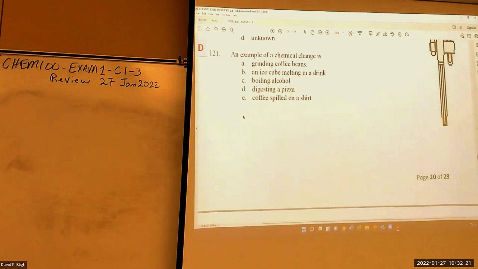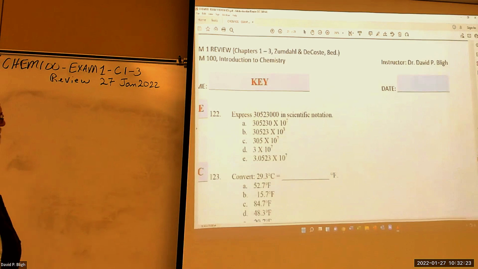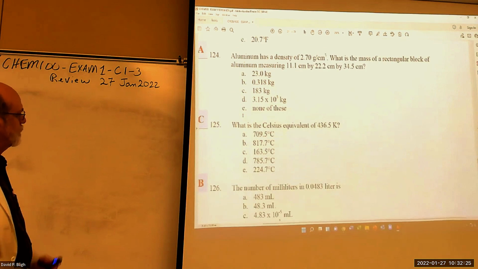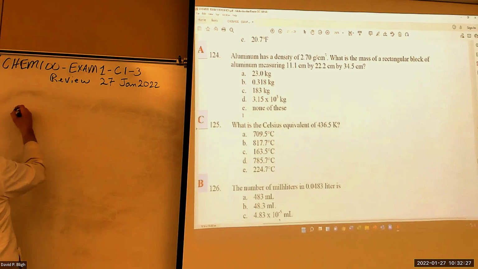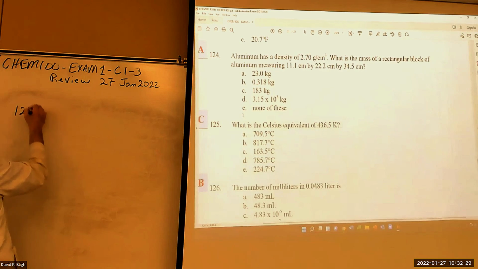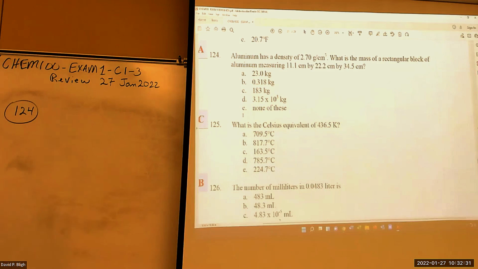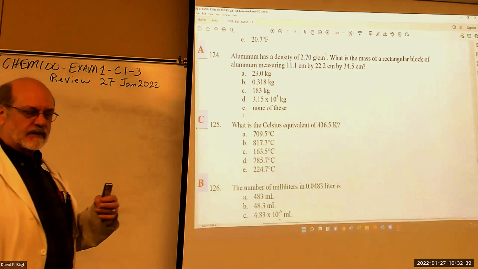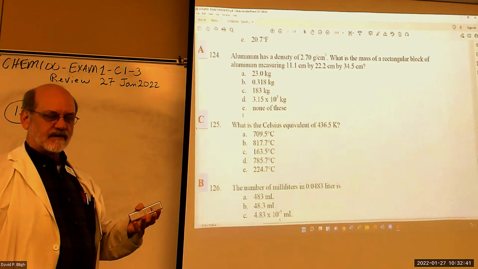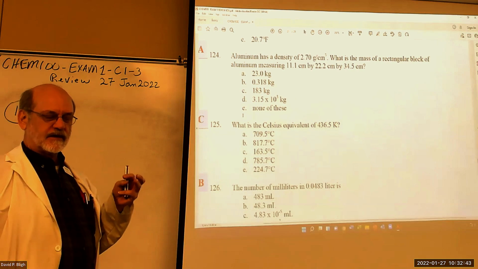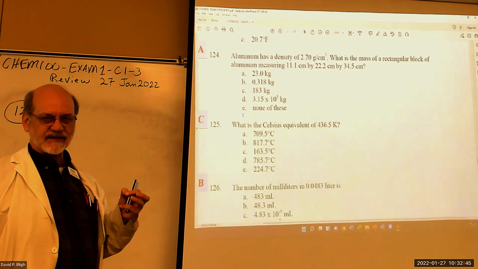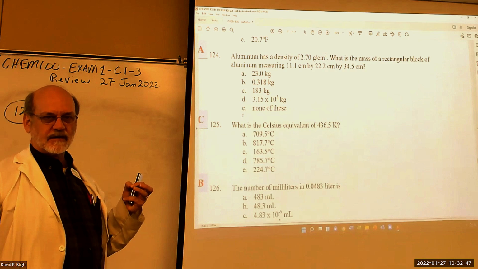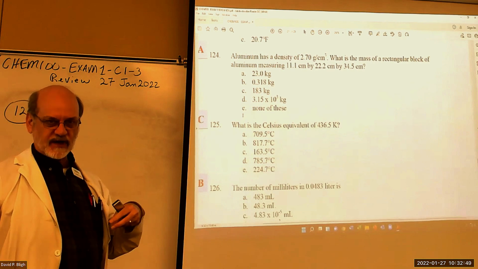Let's see. 124 is next. There we go. 124. Aluminum has a density of 2.70 grams per cubic centimeter. Notice, by convention, the units of measure for solid density are grams per cubic centimeter.